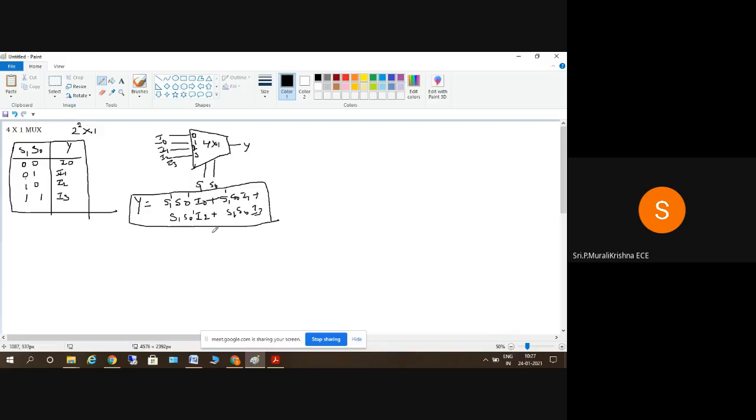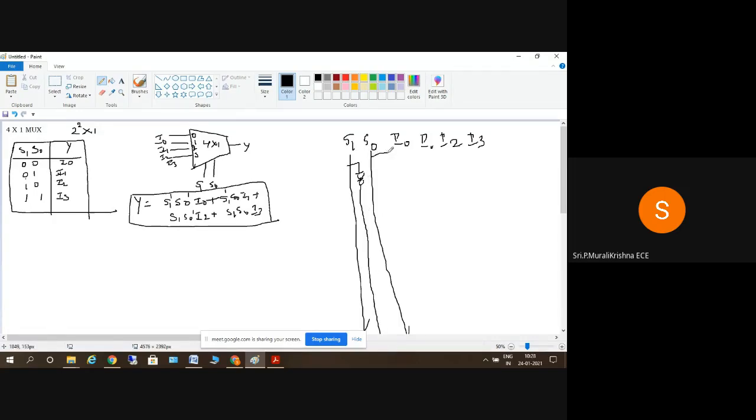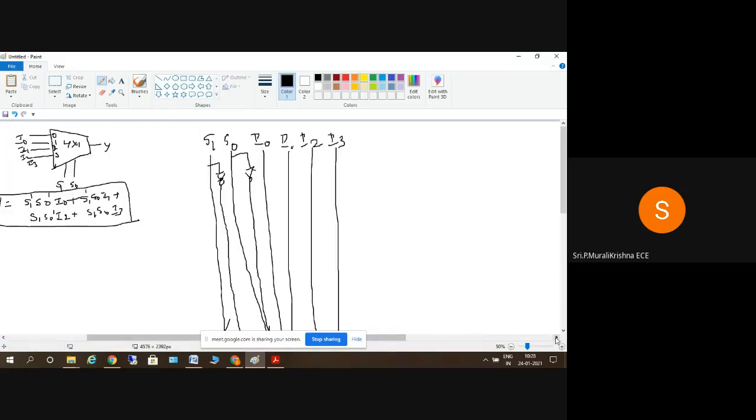So this is the equation. The logic diagram will be like this. The inputs are S1, S0, next I0, I1, I2, and I3.